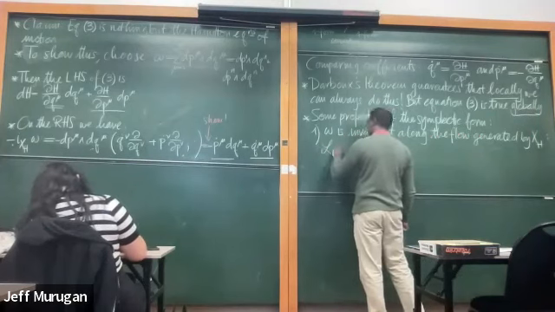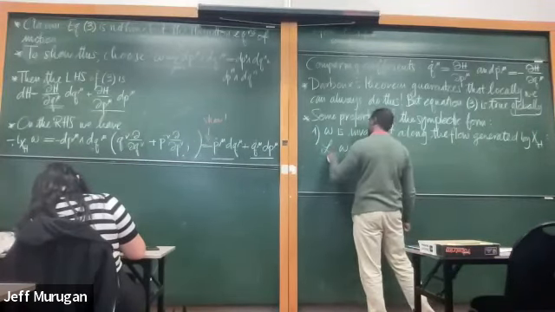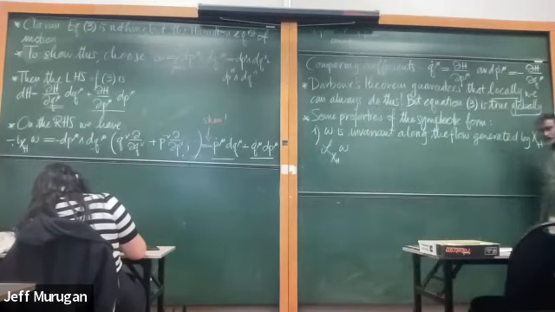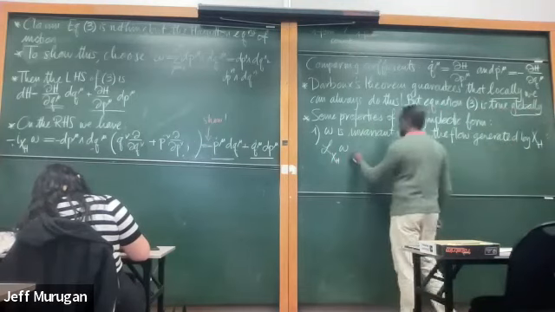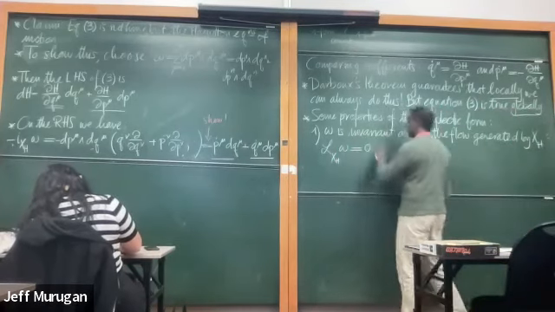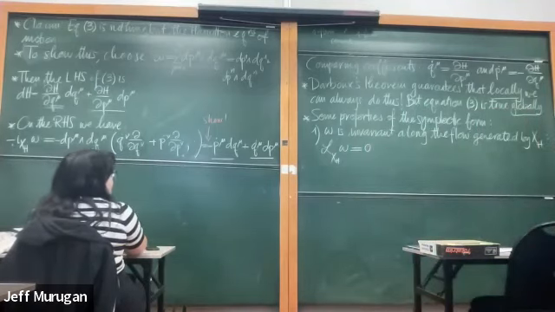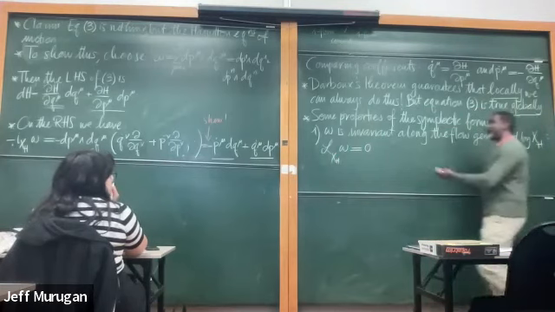So that means that if I take the Lie derivative of omega with respect to X, then this is equal to 0. That's what it means for it to be invariant along the flow generated by some vector. Right? Why is that the case?